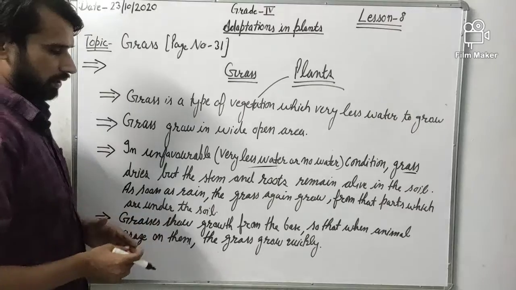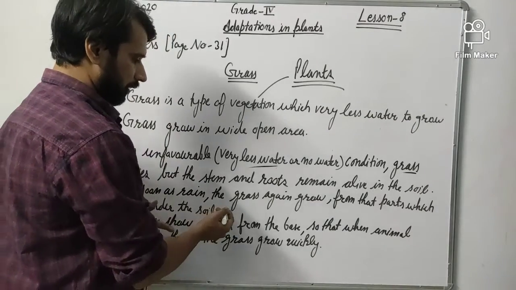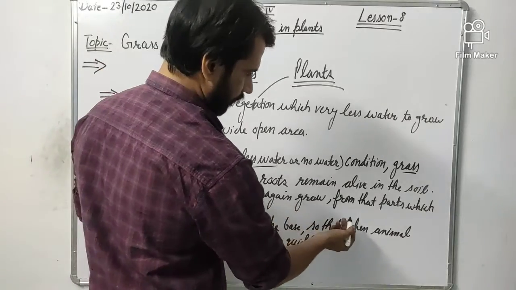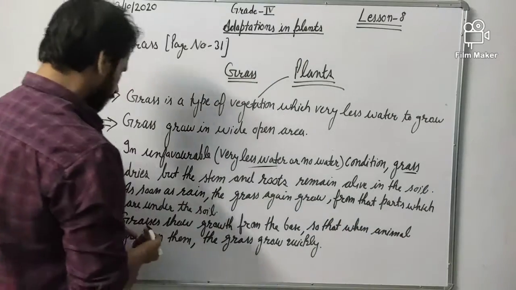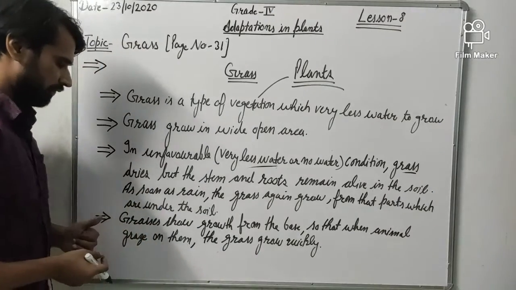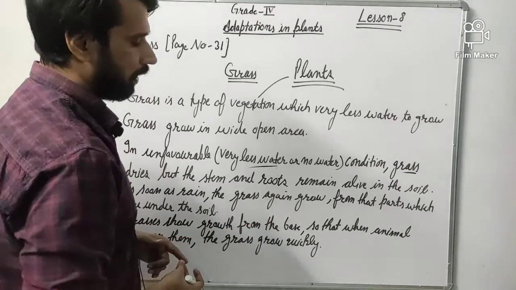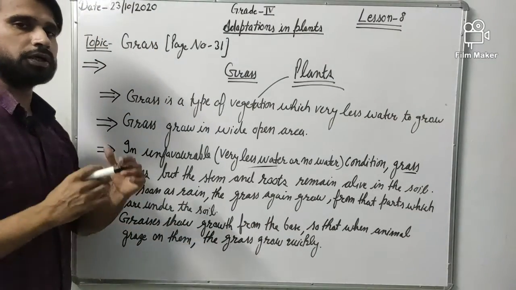And as soon as rain comes, in favorable condition, the grass grows again. From where? From those parts which are under the soil during unfavorable conditions. Last one, which is very important: grasses show growth from the base. Remember that all plants show growth from the tip.